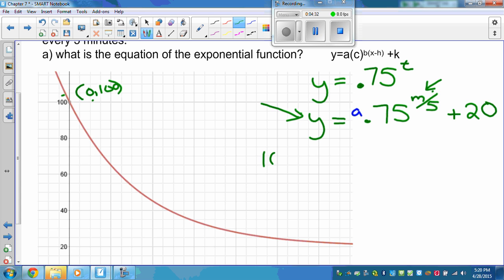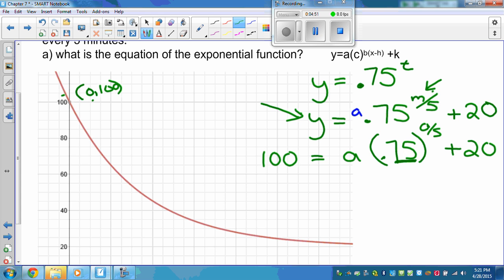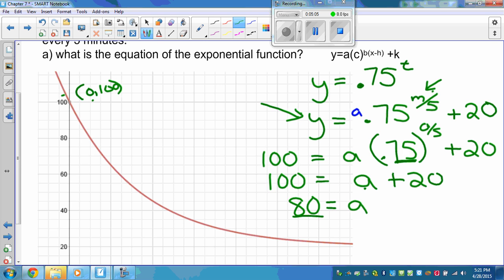Okay, so 100 equals a times 0.75 to the power of 0 over 5 plus 20. 0 divided by 5 is just 0. Anything to the power of 0 is just 1. So I have a times 1. 100 equals a plus 20. To get a by itself, I subtract 20 from both sides. I get my a value to be 80.